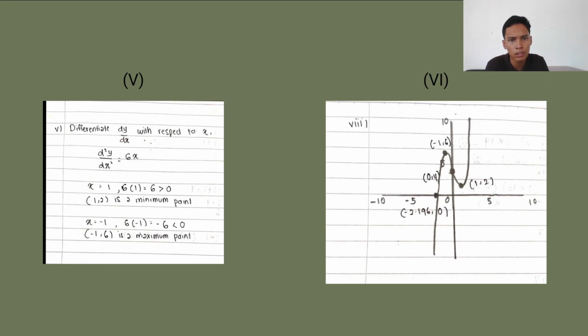So (1, 2) is a minimum point. x equals negative 1: 6 times negative 1, so the answer is negative 6. So (negative 1, 6) is a maximum point.